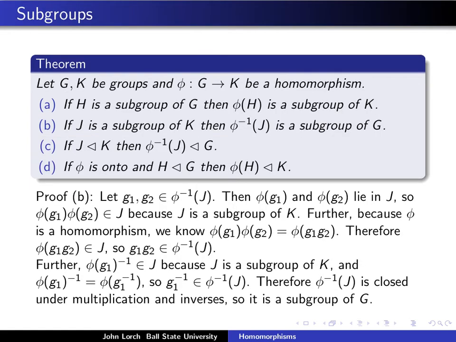The next collection of theorems has to do with subgroups. We start with two groups, G and K, and a homomorphism phi from G to K. There are four parts to the theorem.